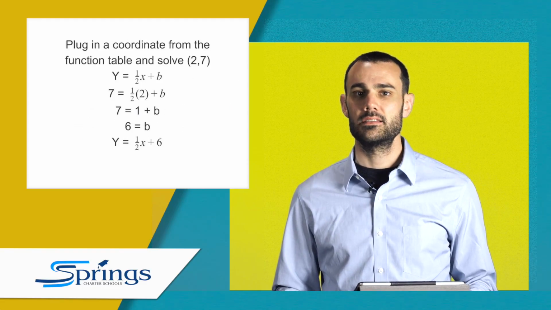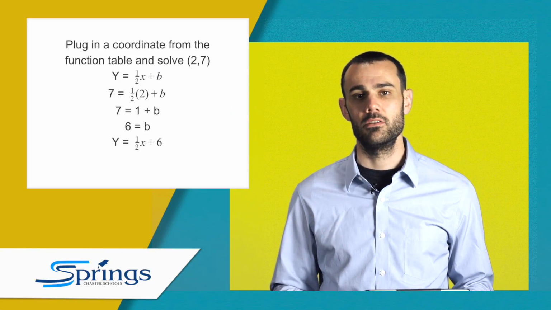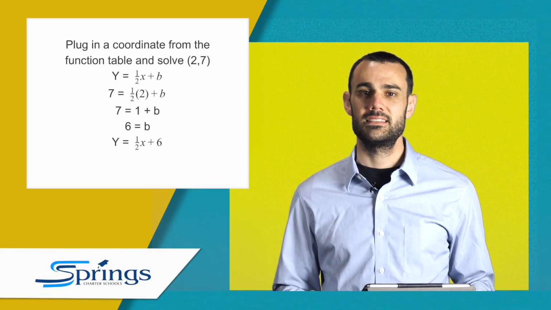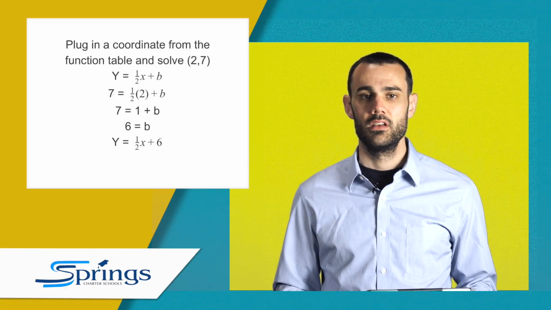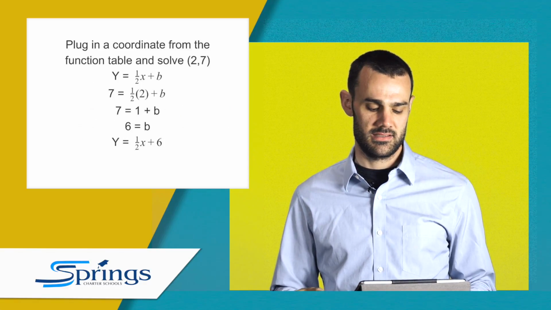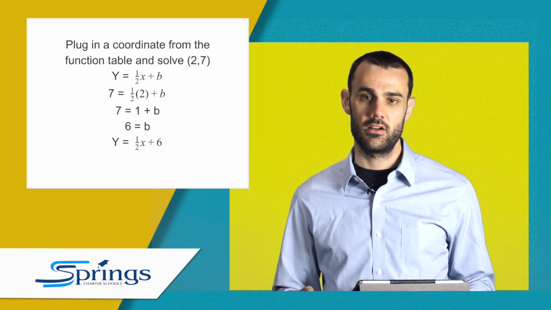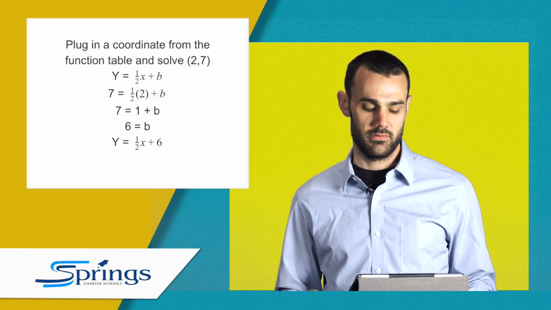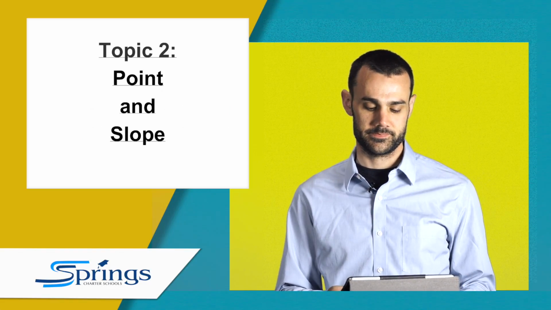I'm going to subtract 1 from both sides because I want b, the variable, to be standing alone. When I do that, I get that 6 equals b, or we could say that b is equal to the number 6. We introduce that 6 into our equation, and we're all done. So our final equation, based on our xy table, is y equals 1/2 x plus 6.